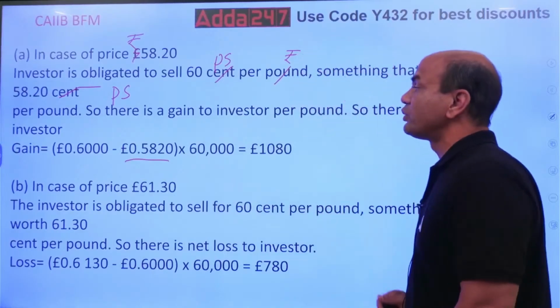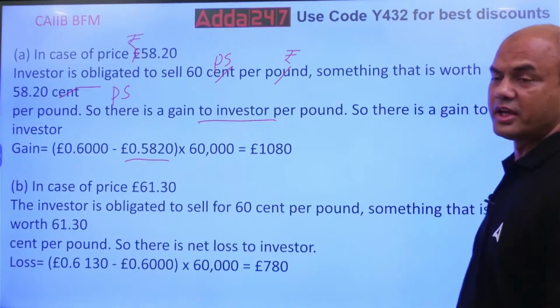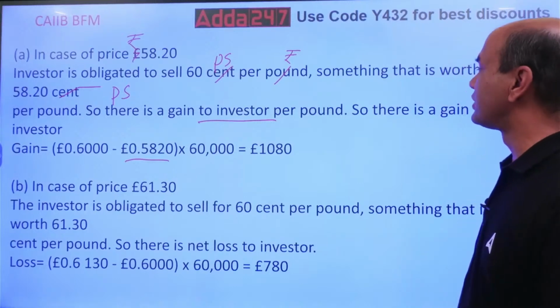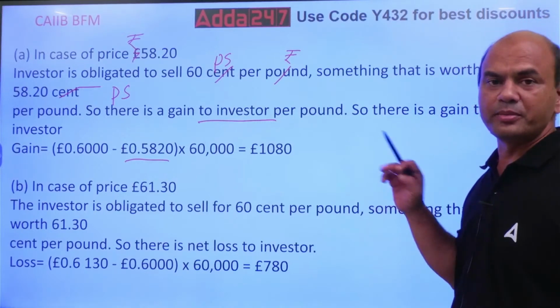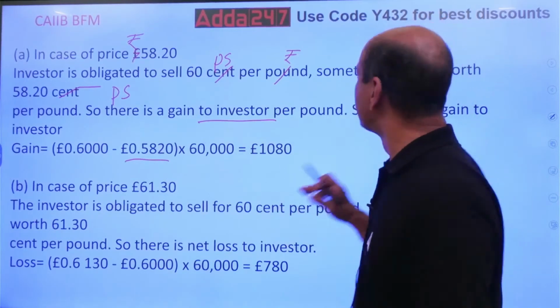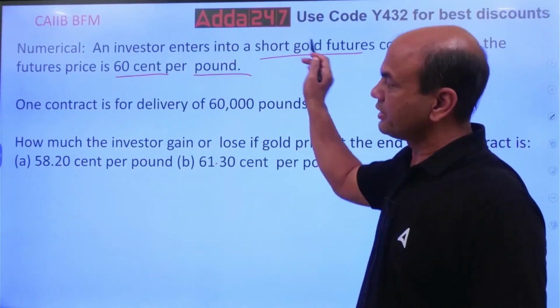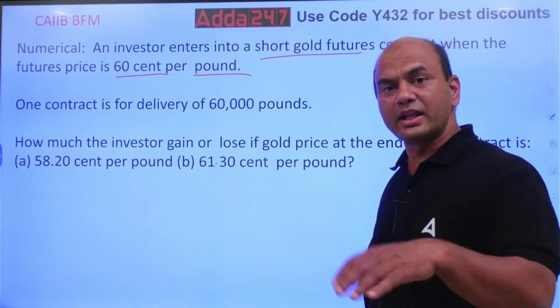So there is a gain to the investor. If I have entered into this contract, there will be a gain for me. Why? Because I have entered into a short gold futures contract, which means I have sold it first and then I will be buying.